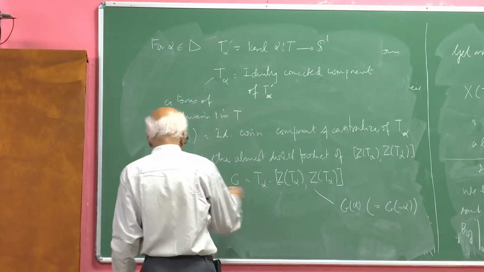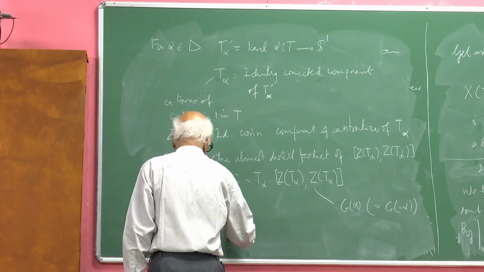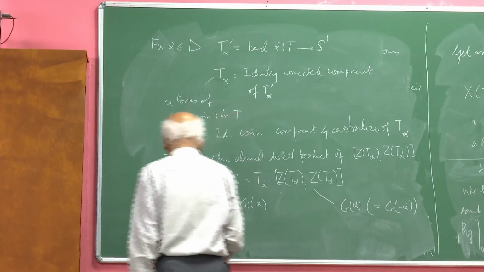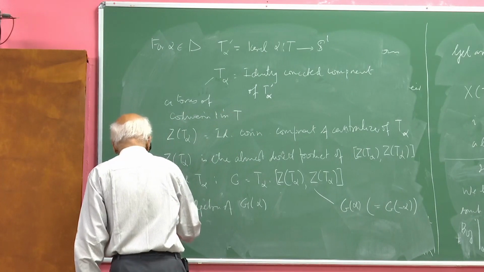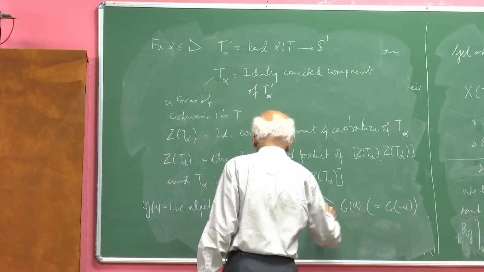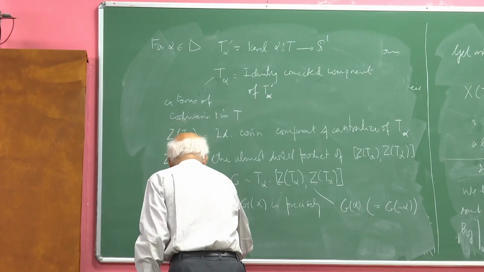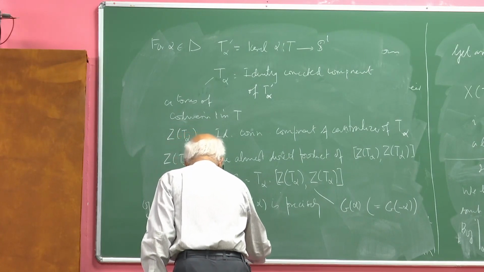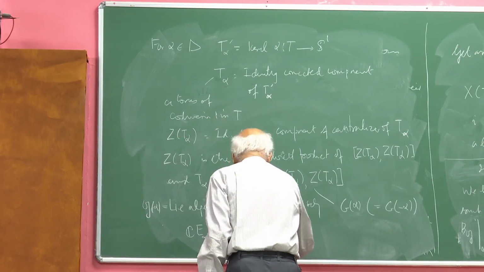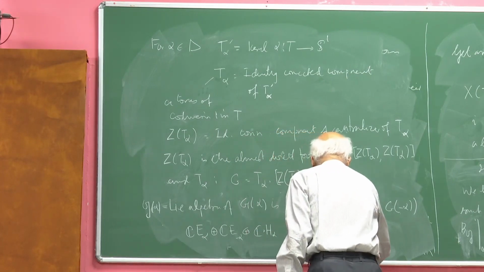Okay, and I claim that the Lie algebra of G alpha, which I call Gothic G alpha, is precisely C E alpha plus C E minus alpha plus C H alpha, where H alpha is the bracket of E alpha and E minus alpha.